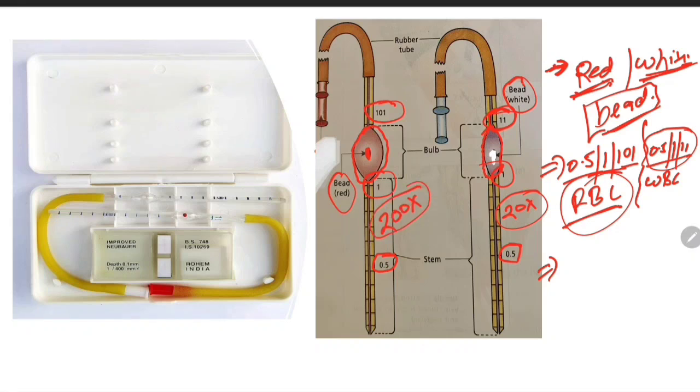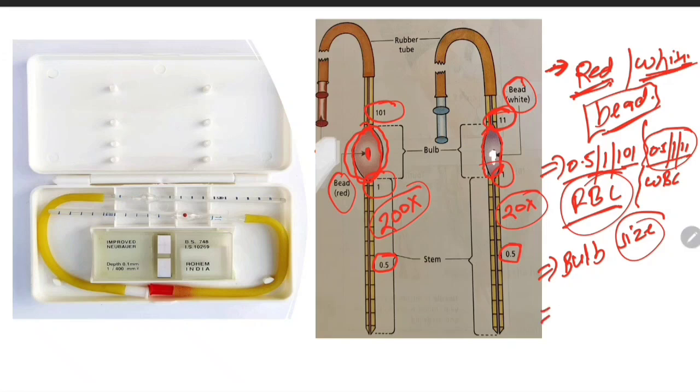We have to dilute the blood 200 times, so the bulb should be bigger. This is the comparative size: if you have both pipettes, you can compare that the bulb is smaller in WBC and bigger in RBC.